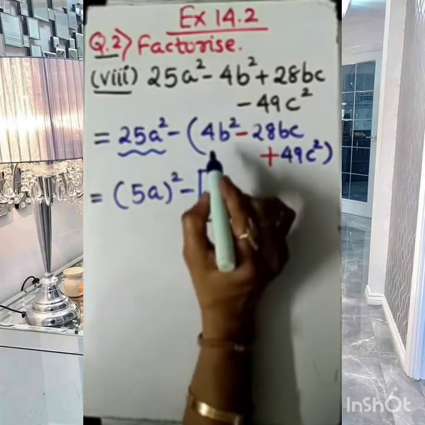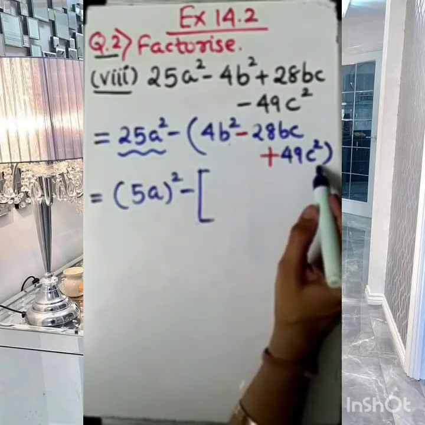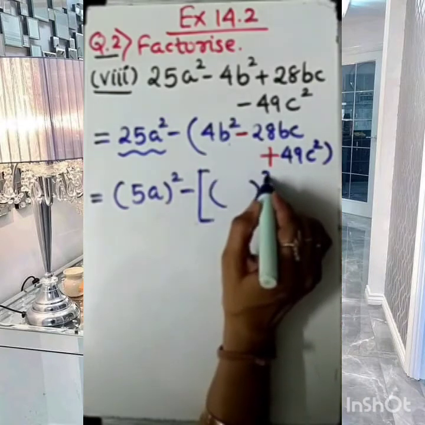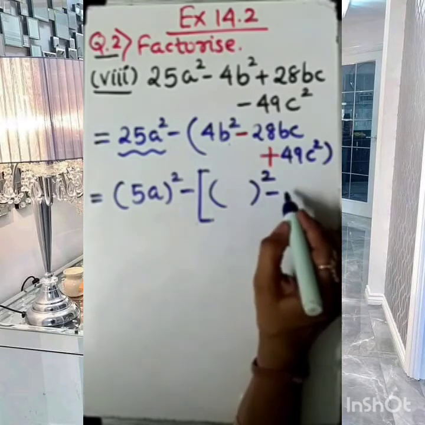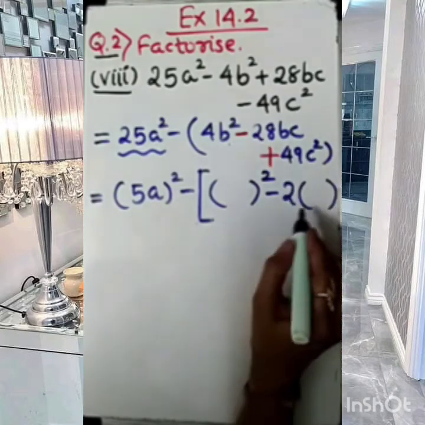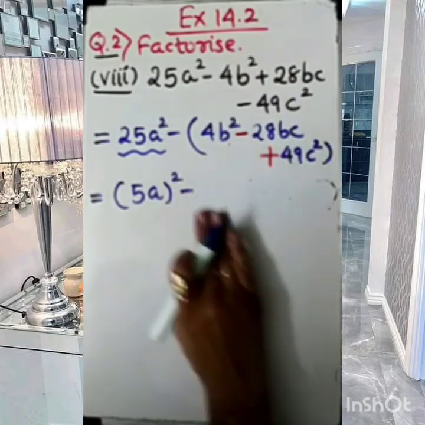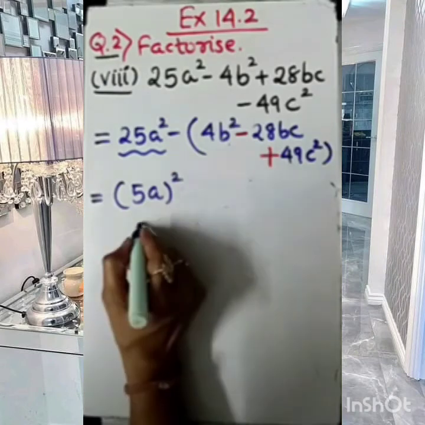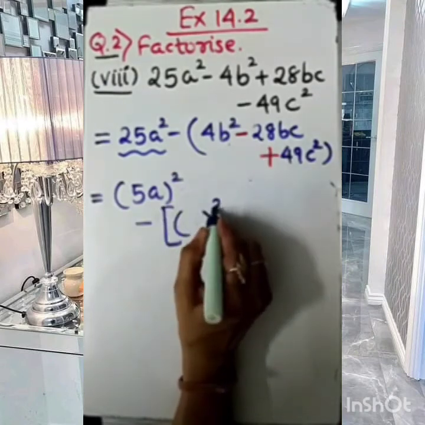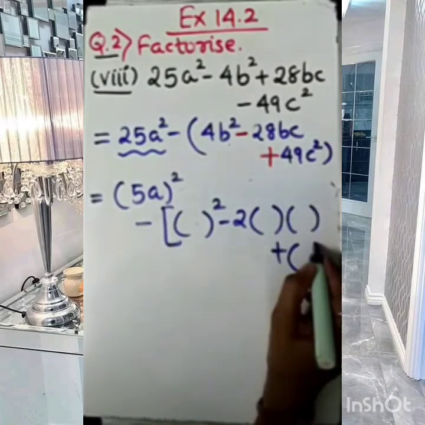Reason behind that, the first term is also perfect square and the last term is also perfect square. So in such a case, we know second identity says a square minus 2ab. Where to write for a better understanding? I'm mentioning it here. So I'm clearing it here. This is minus. Now in bracket, I need to mention a square minus 2ab plus b square.